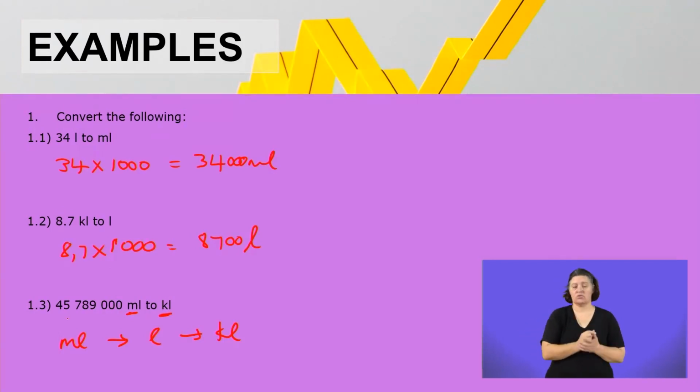So I divide 45,789,000 by 1,000 first, which takes me to liters. Thereafter, I divide by 1,000 again, because now I'm converting from liters into kiloliters, and that gives me an answer of 45,789 kiloliters.